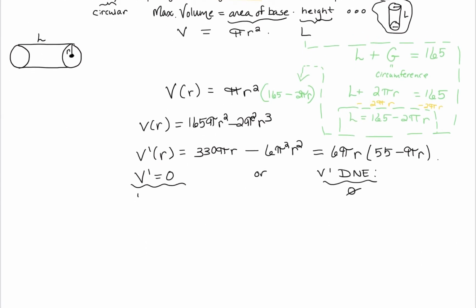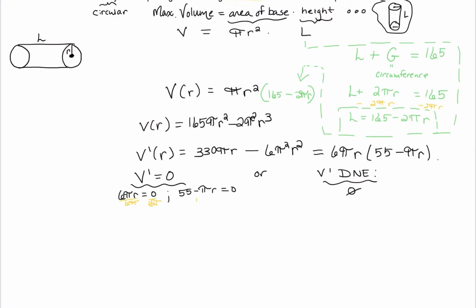So where the derivative is equal to 0, we do already have this factored, so that's good. So just going ahead with this and setting each factor equal to 0. So on my first equation, solving for r, I would divide by 6 pi.